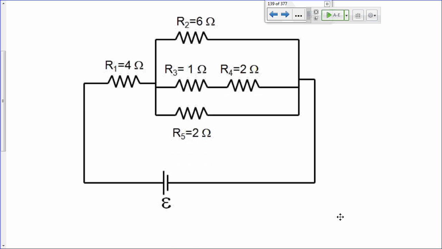Let's give this a voltage. Let's give this voltage 10 volts.